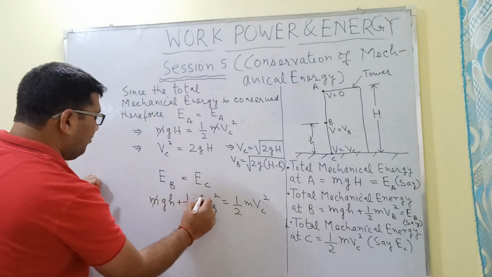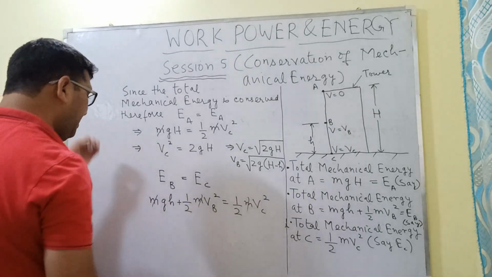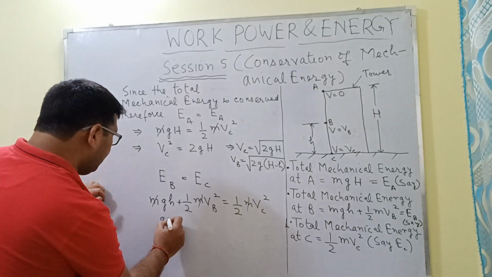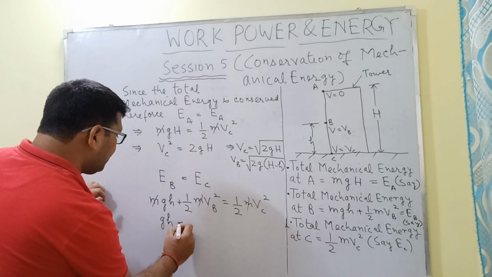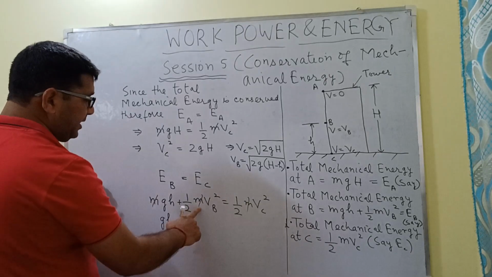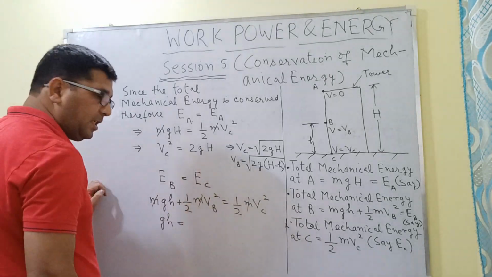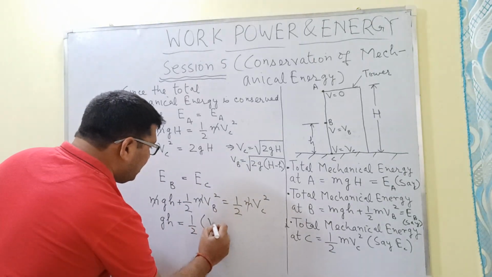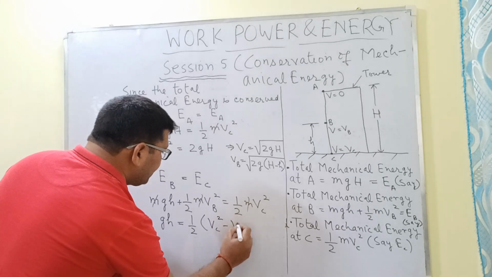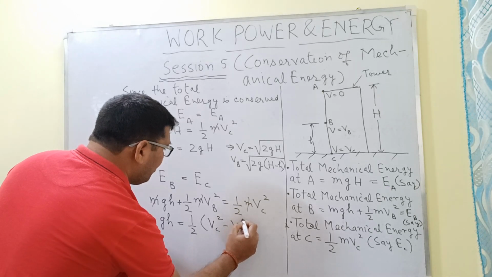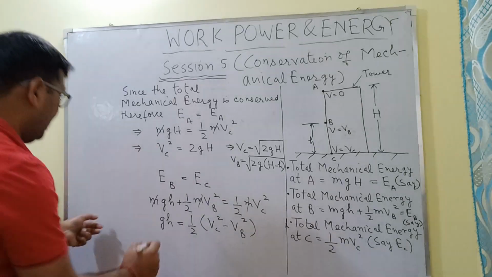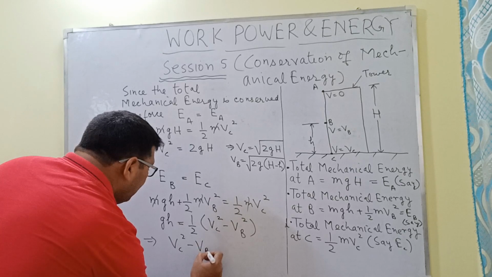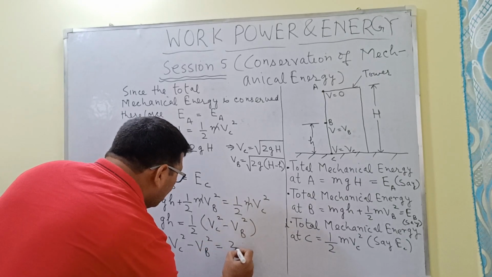So from here m will get cancelled out. So we will be getting one more relation, that is gh is equal to, I will be taking this half vb square on the other side of this equation, half vc square minus half vb square, or it implies that vc square minus vb square is equal to 2gh.